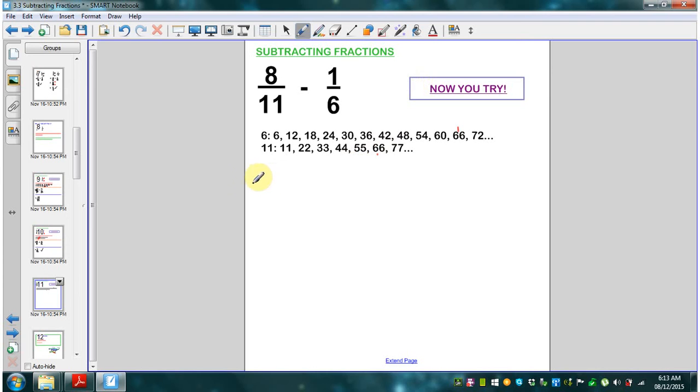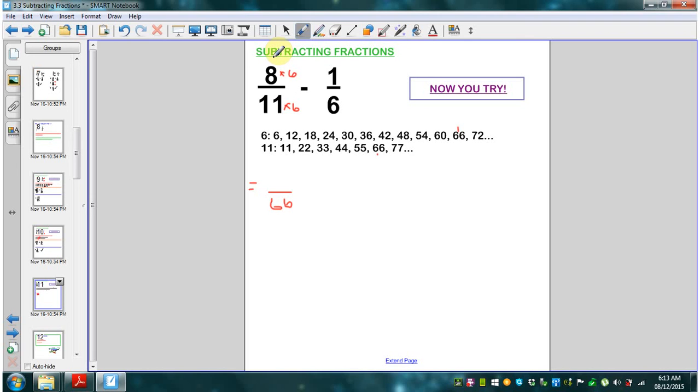So we want 66 on the bottom. Okay, 66. So we want to rewrite this as 66. So that's 11 times 1, 2, 3, 4, 5, 6. And then we need to make our top also multiply by 6.